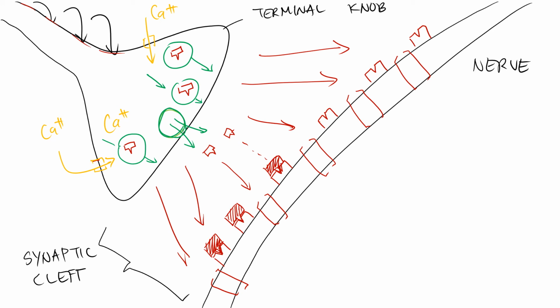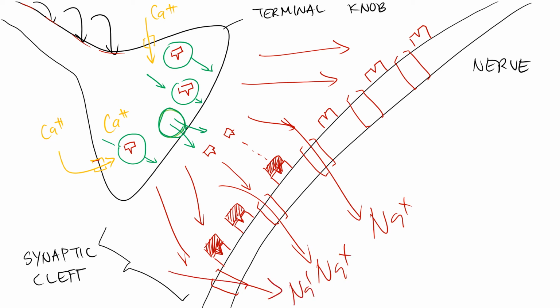Once it pairs to the other side, it will cause another depolarization. Your sodium channels will open, and you will have another depolarization on the other side. So that's how your nerves communicate with one another.